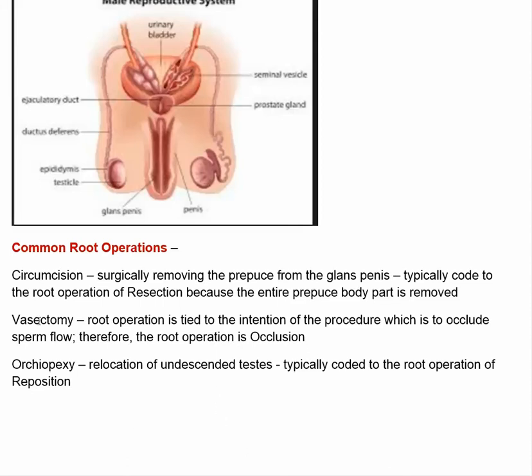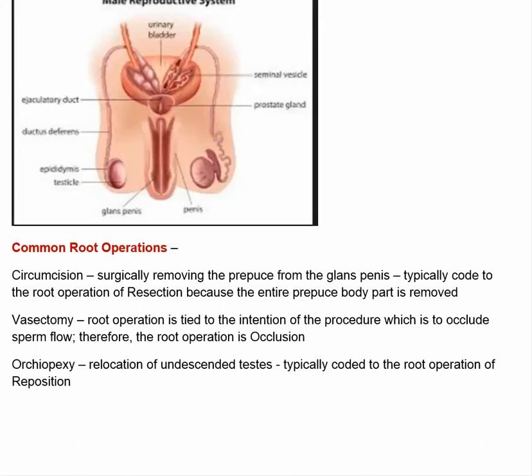And again, if we look back at our coding process, when we coded any procedure, the root operation is tied to the intention. So the intention of a vasectomy is to occlude sperm flow. Therefore, the root operation is occlusion. However, there's different ways, and we'll see this again in the female reproductive system. There's different surgical ways that can be facilitated.